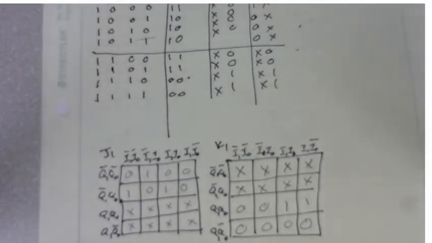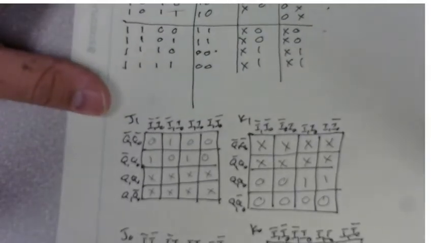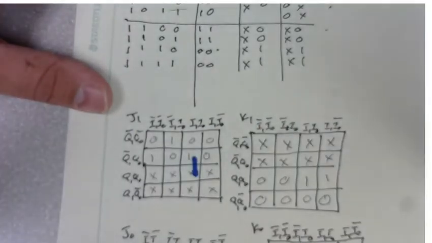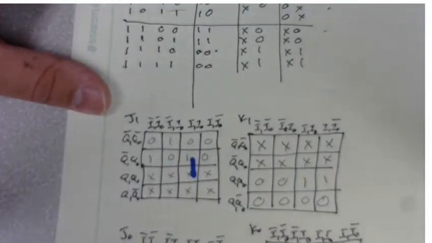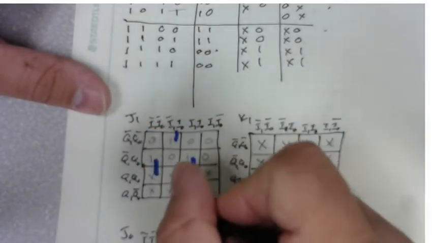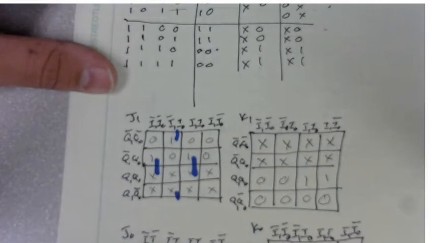Now I'm going to go through each one of these and look for groupings that I can group together. This J1 looks to be the worst. It looks like we can group those 2 together, 1 and X, and those 2 together, 1 and X, and those 2 together, 1 and X. But it's only those 3 groupings.